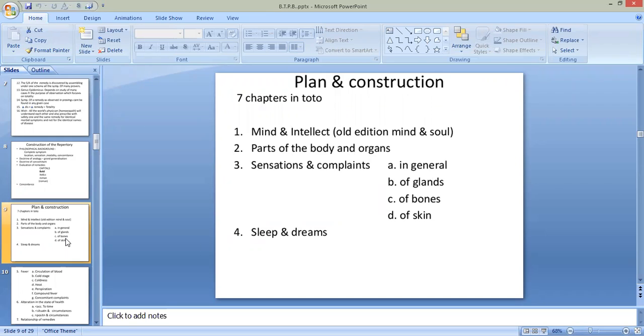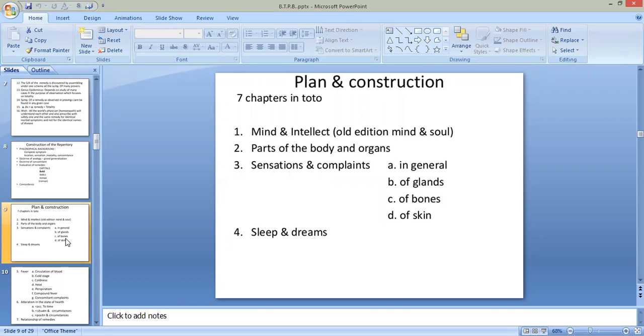And the first part of this book contains, firstly, the preface, then the life history of Boenninghausen and how he converted towards homeopathy. Then the use of repertory is given.